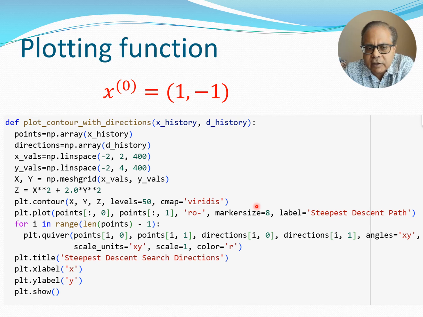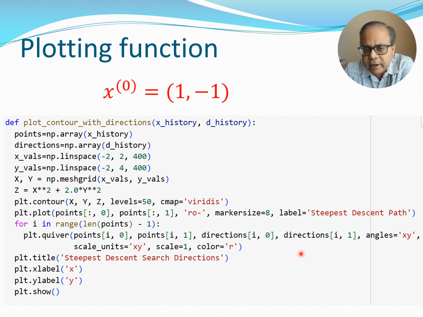Now beside this function, I am also going to plot all the different search directions as lines, and these are essentially going to come out as what are known as quiver plots. So these are essentially lines which are going to tell me exactly the directions of these particular d vectors.